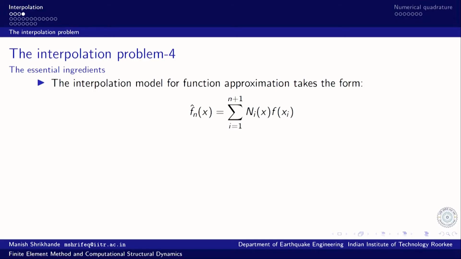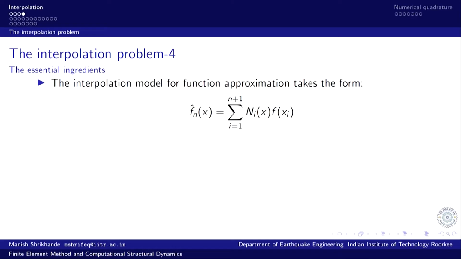So, the interpolation model for any function approximation takes this form. The subscript n is the polynomial degree. If there are n plus 1 points, then we can pass an nth degree polynomial through n plus 1 distinct data points.